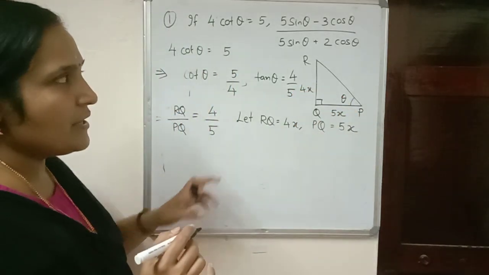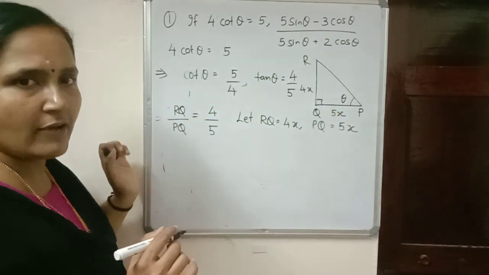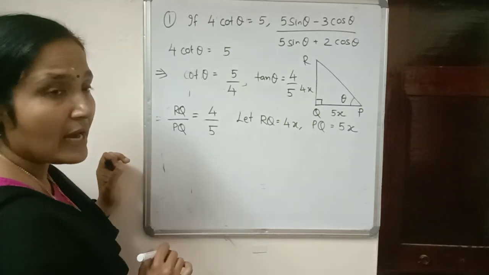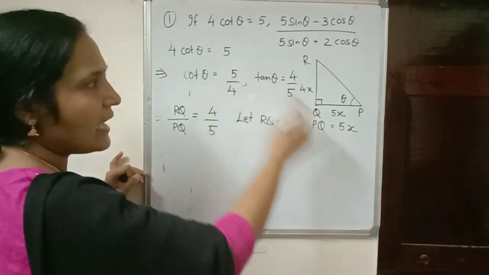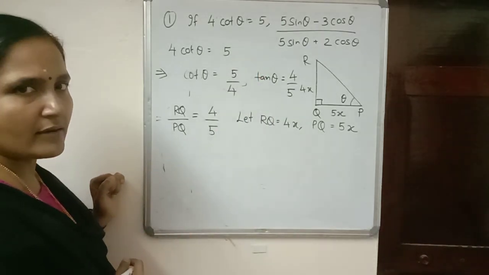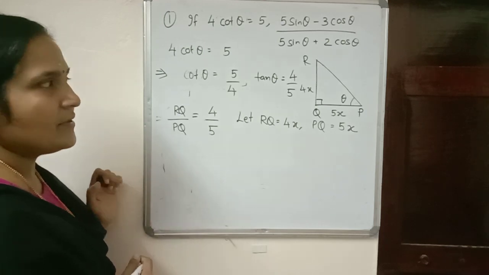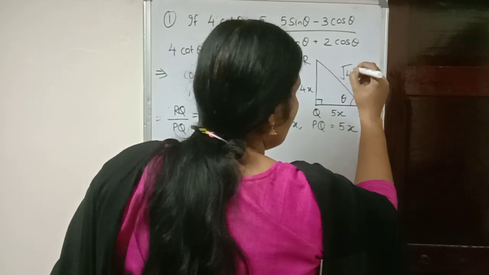Then, what can we do? Now, by Pythagoras theorem, we can calculate the value of PR. All of you do it by yourself. Just check what PR will come. Use Pythagoras theorem and calculate the value of PR. Calculated? I think you are getting root 41x.